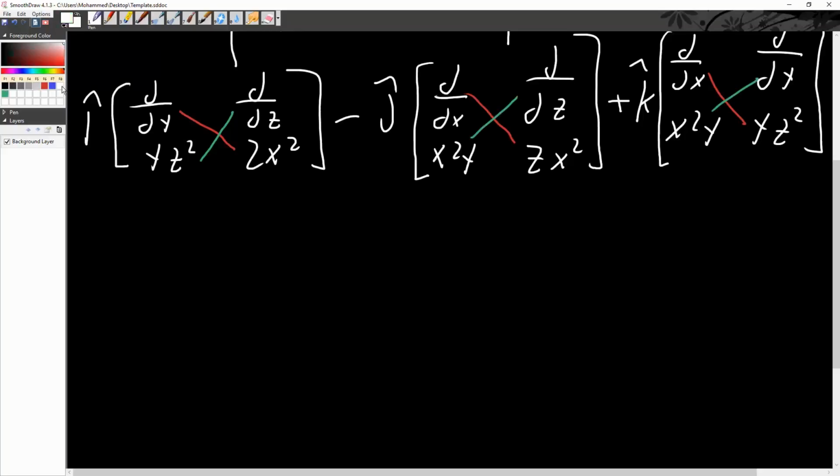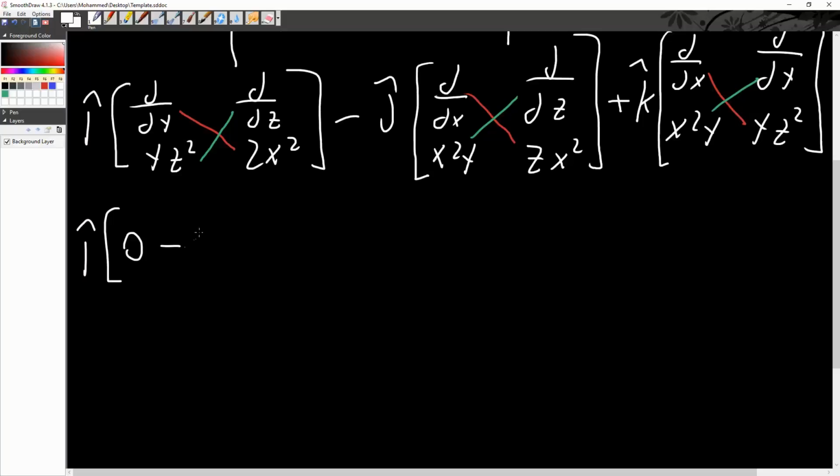So let's do it. So we have i is still in the front. The partial derivative in terms of y for 2x squared? Since we don't have a y anywhere in here, it would simply be 0, minus the partial derivative in terms of z for y z squared.